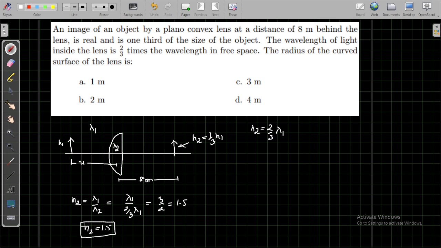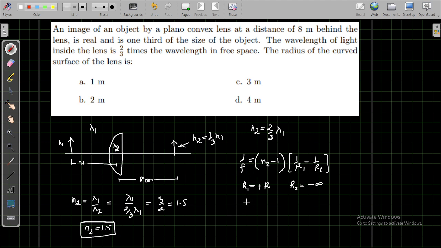So we got the relation. Now we can use the lens maker's formula. The lens maker's formula says that 1 by f is equal to (n2 minus 1) times (1 by r1 minus 1 by r2). Now let us pay attention to the lens curved surfaces. The curved surface is r1, which is plus r, and r2 is plano, so it should be infinity.